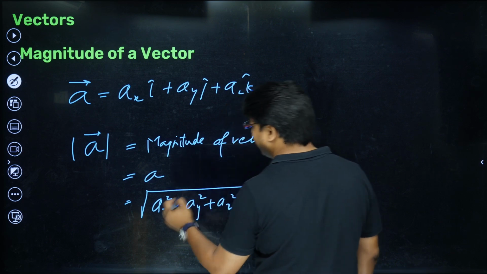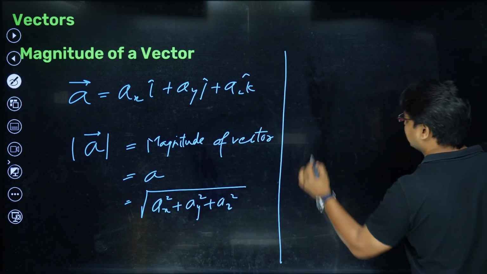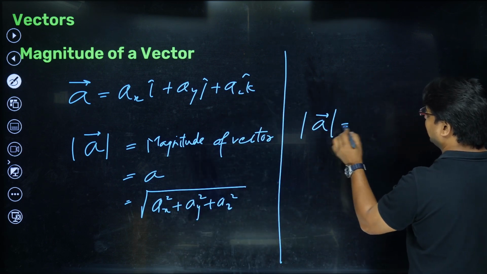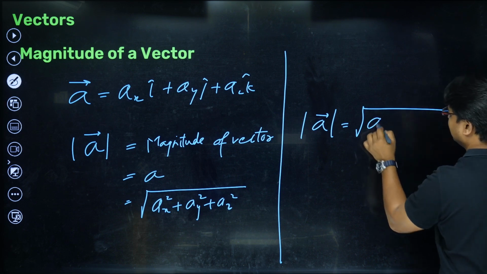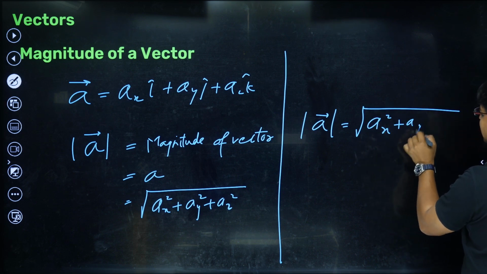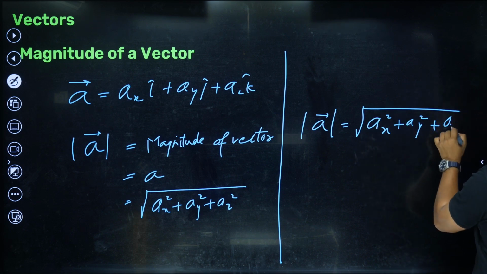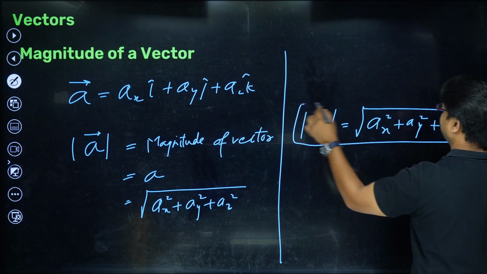This is how we find out the magnitude of any vector. Please remember this: the magnitude of any vector is obtained by root of ax square plus ay square plus az square.